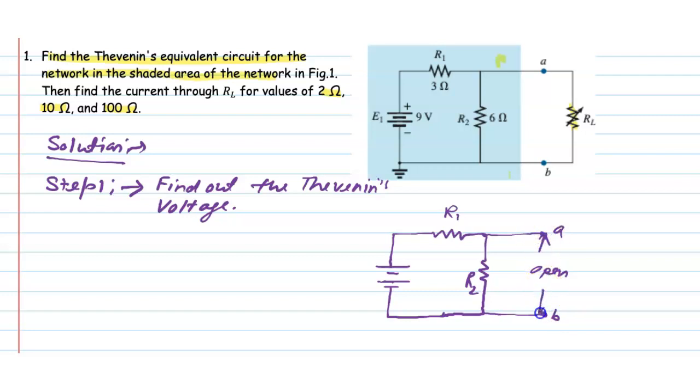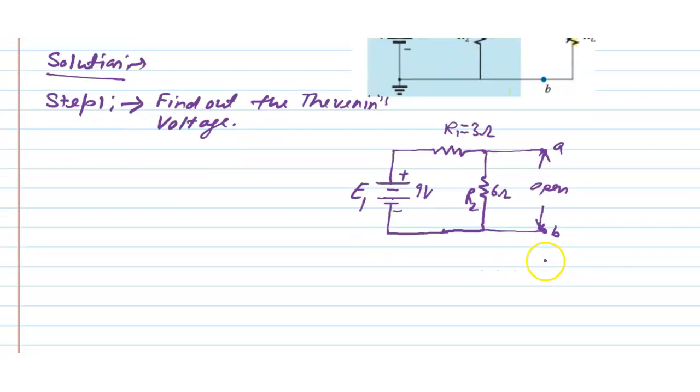The voltage appearing across these two terminals is known as the open circuit voltage or Thevenin voltage. Here this is E1, this is plus and this is minus, and the value is 9 volt, R1 is 3 ohm and R2 is 6 ohm. Let's find out the voltage across these two terminals.